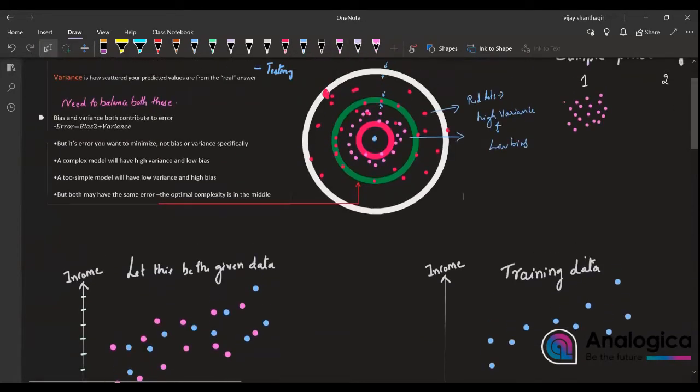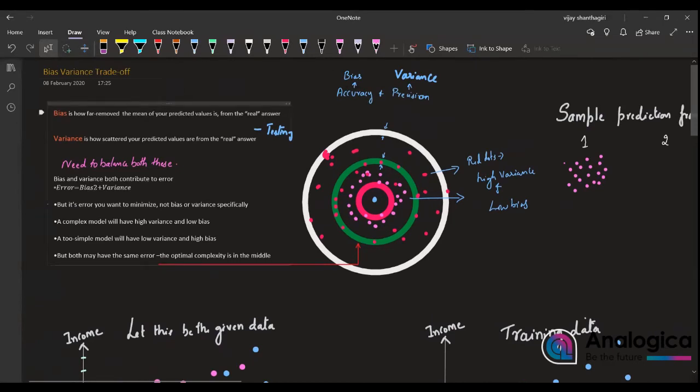But before I get there, now that we have understood the model, it's a good time to go through these bullet points. Variance is how scattered your predicted values are from the real answer, and bias is how far away the mean of your predicted values is from the real answer. Our work is to balance both of these.